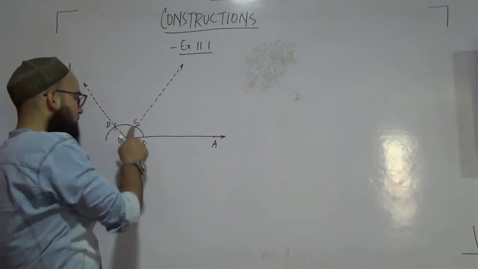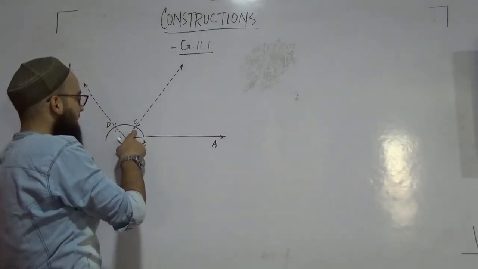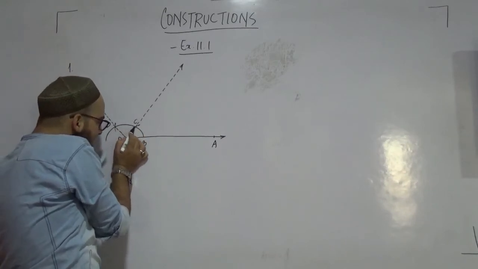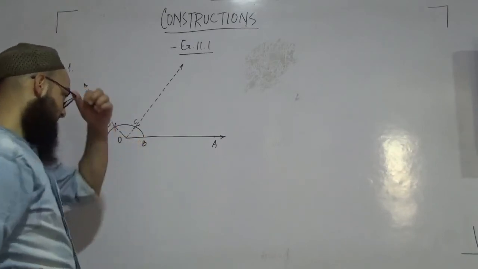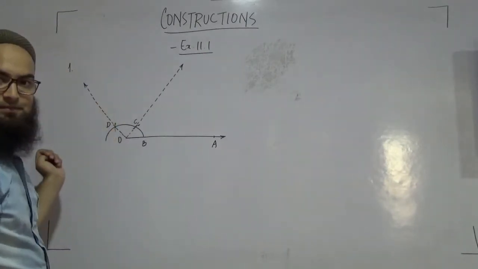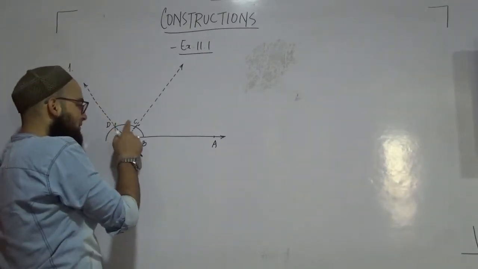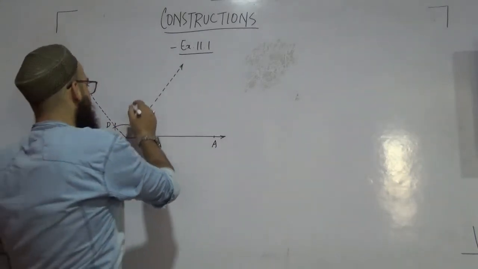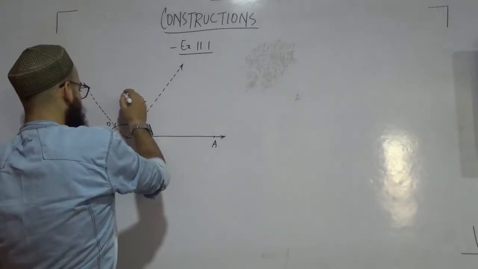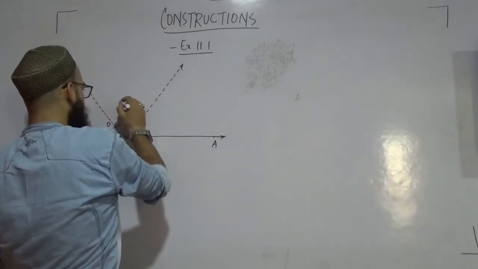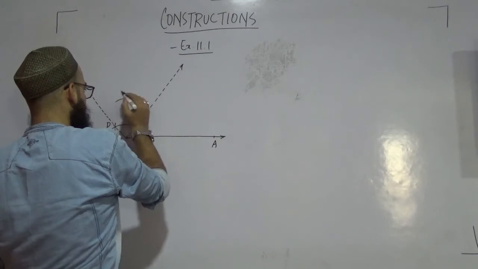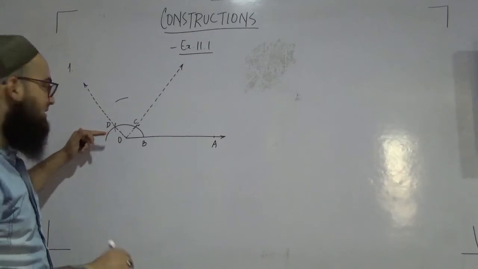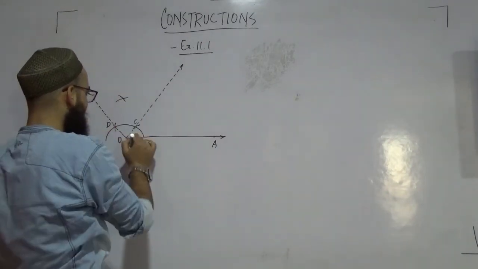Then what you'll do, with C as center and radius more than half of arc DC, draw an arc. So that will give you something like this. With D as center and the same radius, draw another arc intersecting this previous arc at some point.